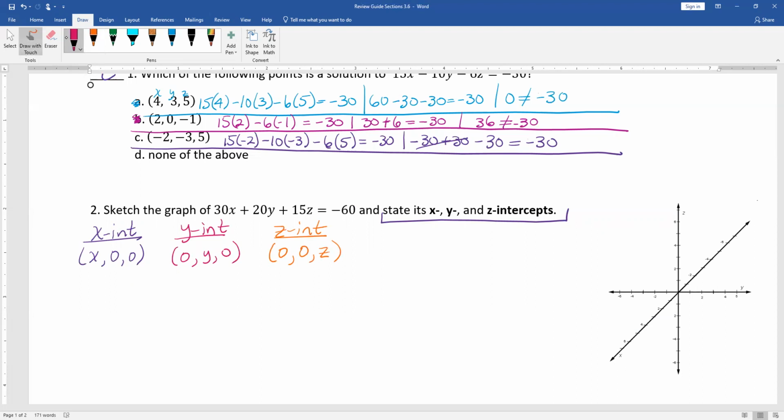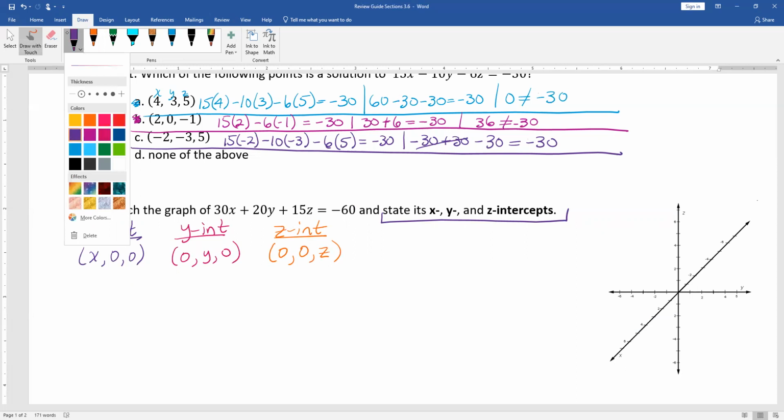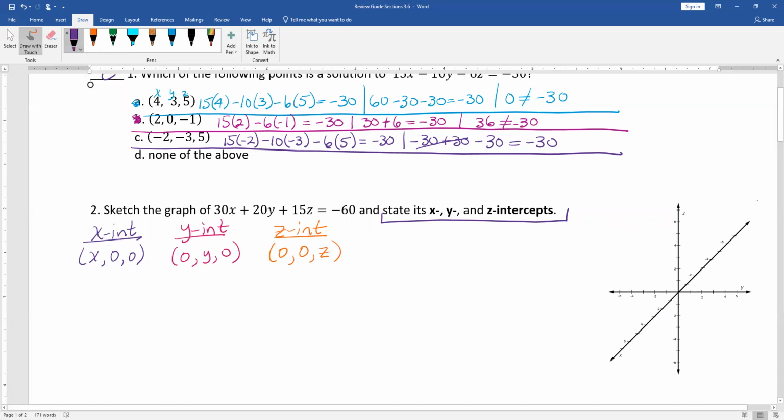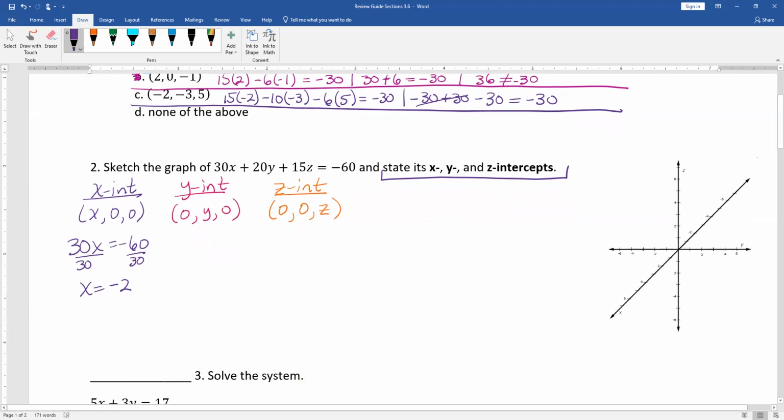All right, so let's start with x. For the x-intercept, we know that x is some unknown. So this is just 30 times x. The other 2 terms are going to be 0 because they're times 0. So we just write 30x equals negative 60. You divide that by 30, and you get x equals negative 2. Now, the important part is that you have to write these as the ordered triple.